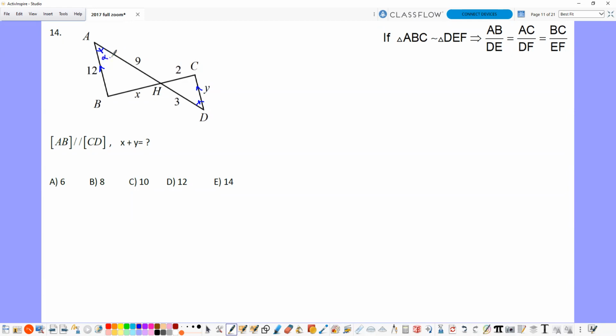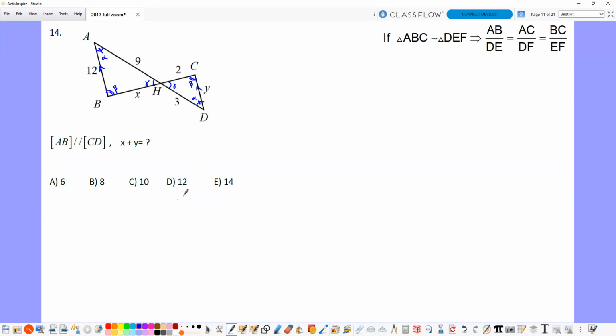If this is alpha, this angle is also going to be alpha. Then this angle and this angle are equal too, so if I name this one beta, this angle is going to be beta, and the third one we name gamma.